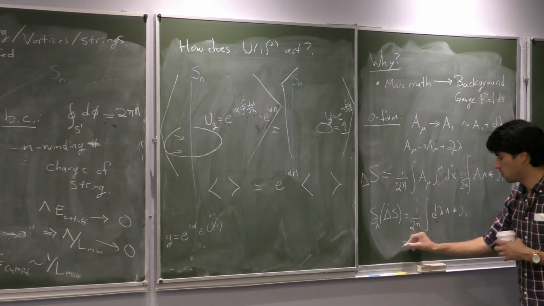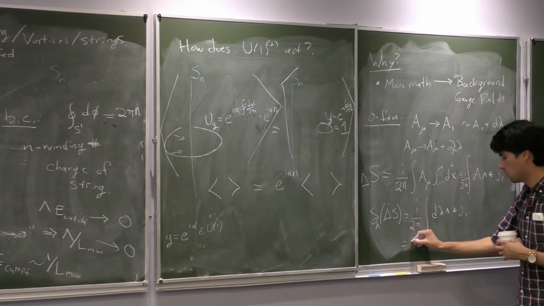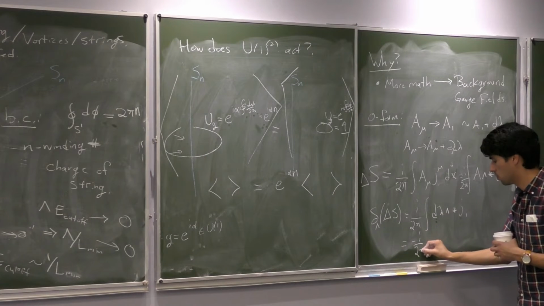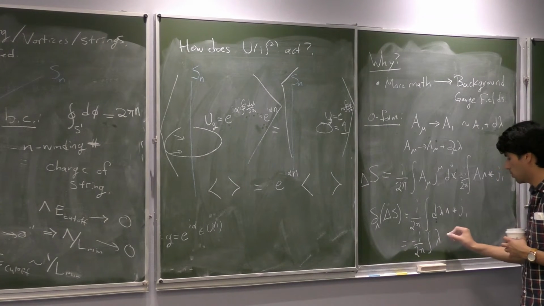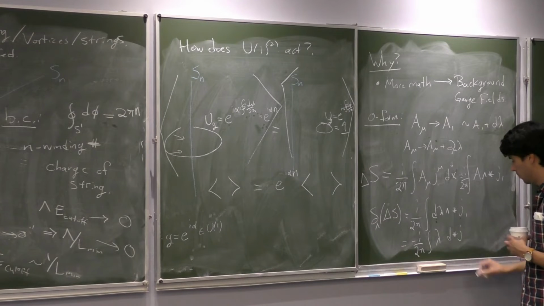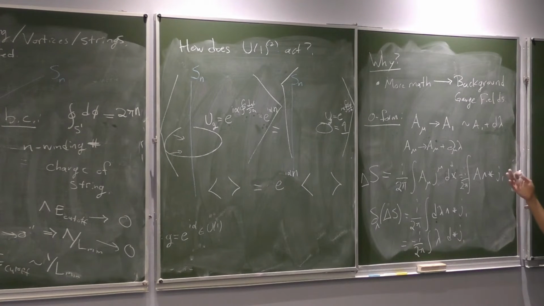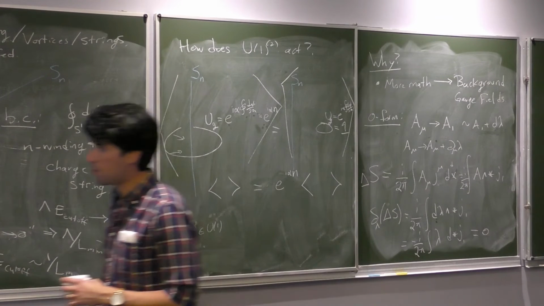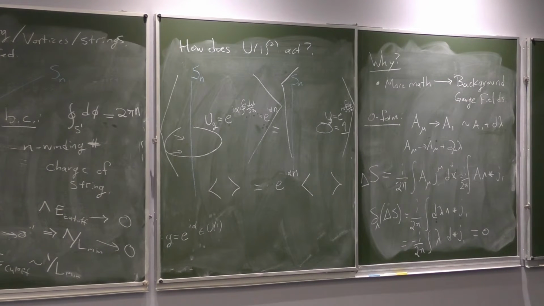So this is going to be equal to minus I over 2 pi integral lambda d star J1. And then again, by the conservation equation, this is going to be equal to 0, and this coupling is gauge invariant. Great. So we can do the same thing for higher form global symmetries.